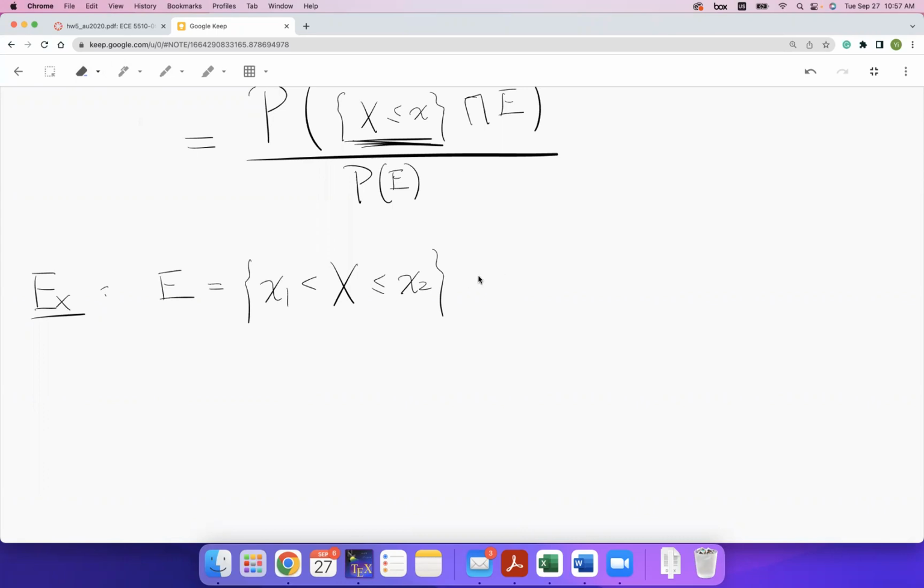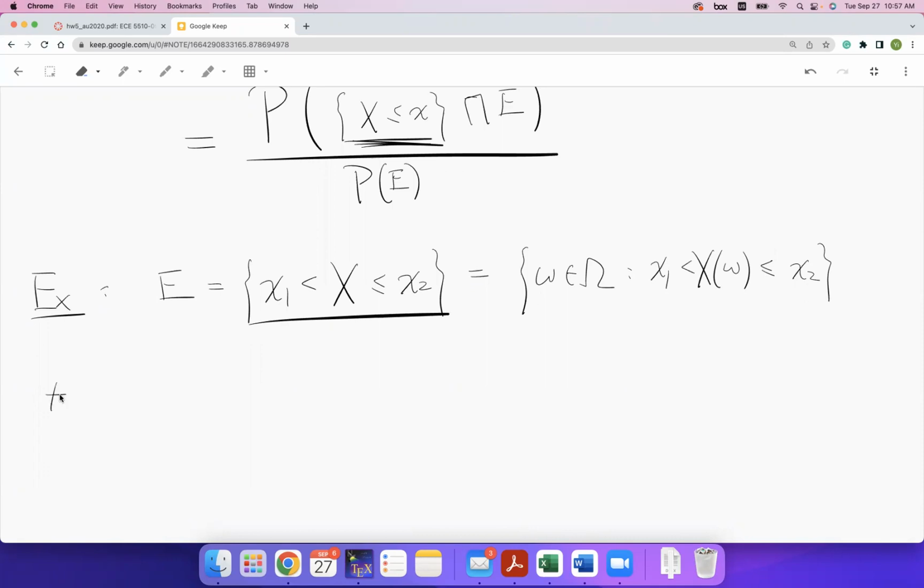Again, go back to the original space. This means the set of all the outcomes such that the statistic extracted by this random variable is less than or equal to x2, bigger than x1. Okay. So we use this notation for simplicity.